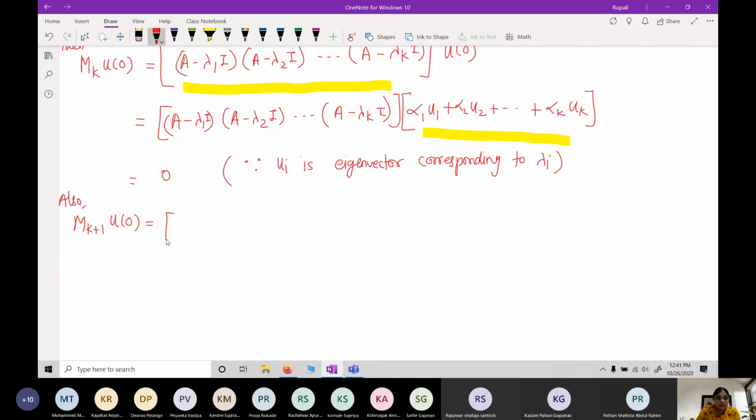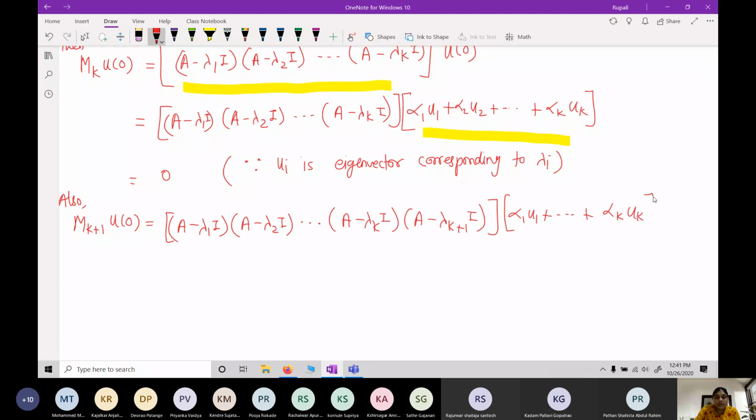It will be (A minus lambda 1 times I), (A minus lambda 2 times I), up to (A minus lambda k I), (A minus lambda k plus 1 I), operated on u0. And u0 means alpha 1 u1 plus so on up to alpha k uk.